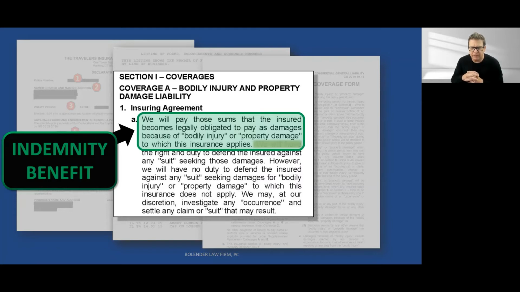This means that if the insured, the policyholder, is held liable, the insurer will pay the claimant, the third-party plaintiff, the amount of the judgment. That promise is limited under this CGL policy to compensatory damages because of property damage or bodily injury. Now, that's the indemnity benefit.